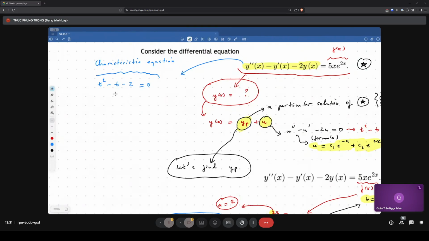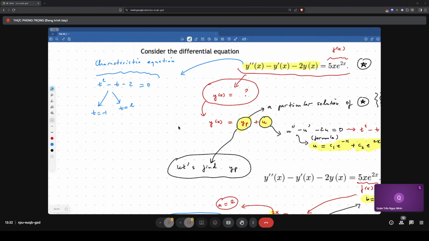So when you solve this one, I think we saw this one before, -1 and 2, right? You had two solutions, -1 and 2, for the characteristic equation. Now see what we have in these smaller situations.